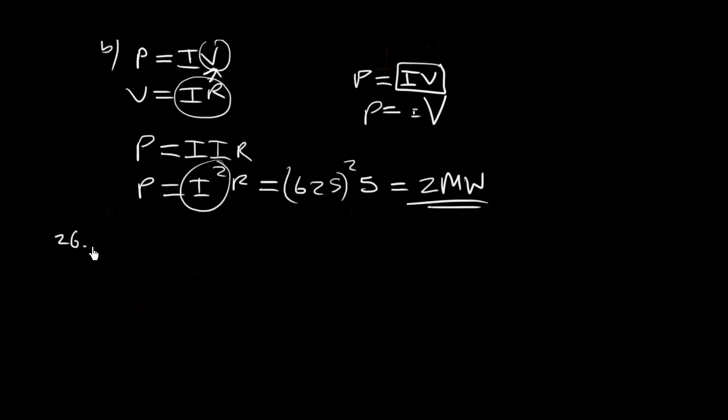It says, the filament of a 230 volt light bulb is 0.72 meters long. So we're talking about a filament. Filament is just a thin bit of metal.